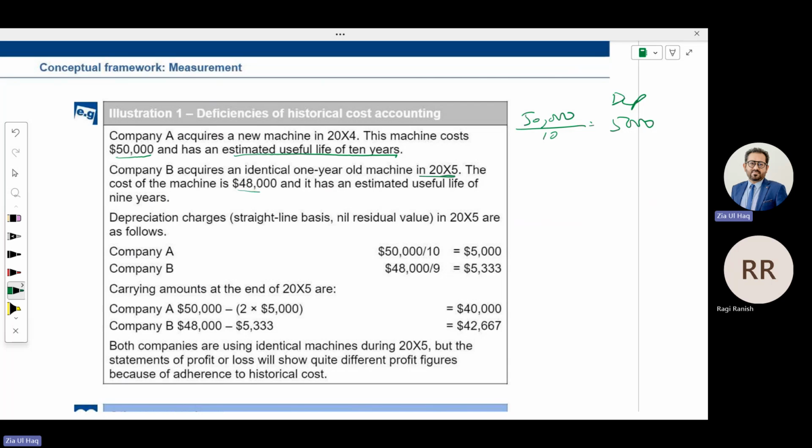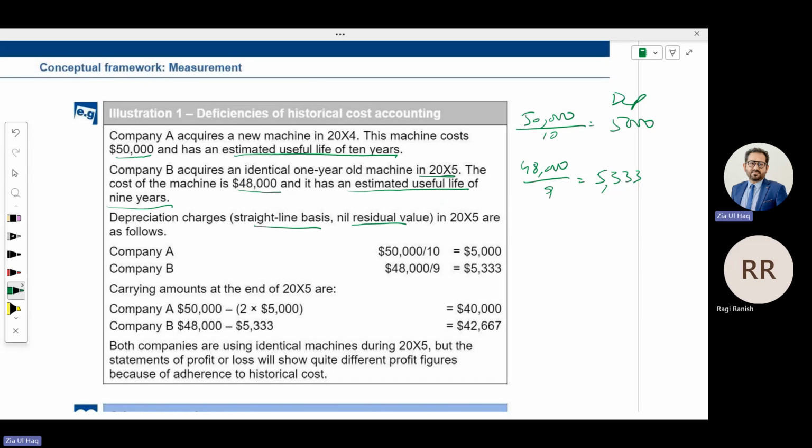The cost of the machine is 48,000 and it has an estimated useful life of 9 years. For this, 48,000 divided by 9, what is the depreciation per year? 5,333. So the depreciation charge, straight line basis, nil residual value, in 20x5.